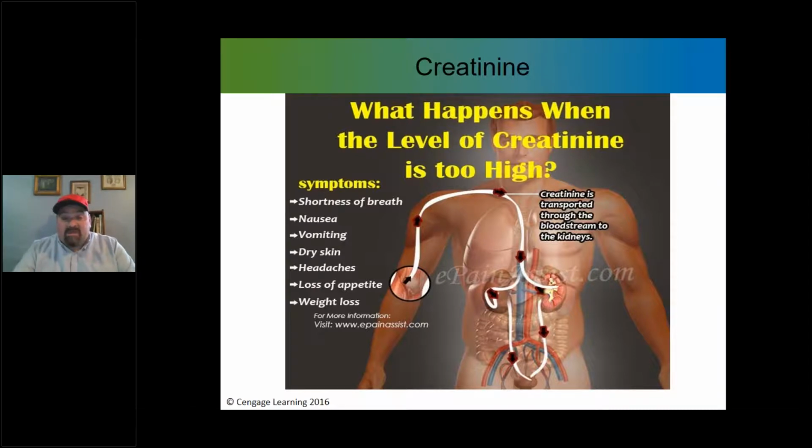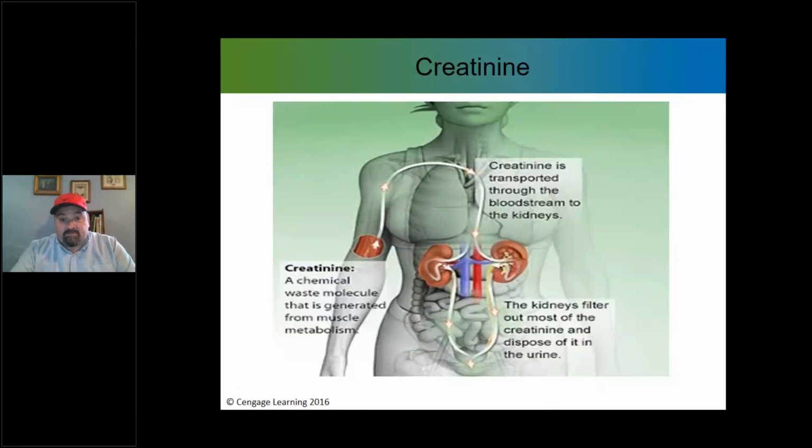We have to monitor that. So kidneys, your nervous system, your liver, your lungs, all these areas of the body, there are receptors that are sending information to the brain saying, hey, levels are too high or too low, and what do we need to do to make changes?